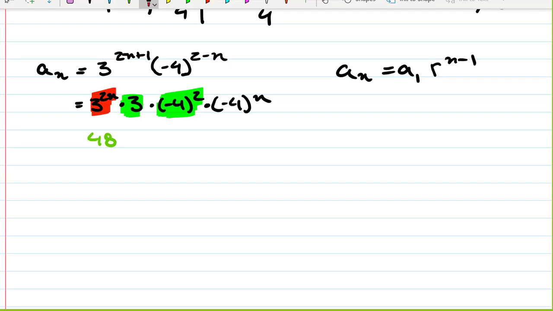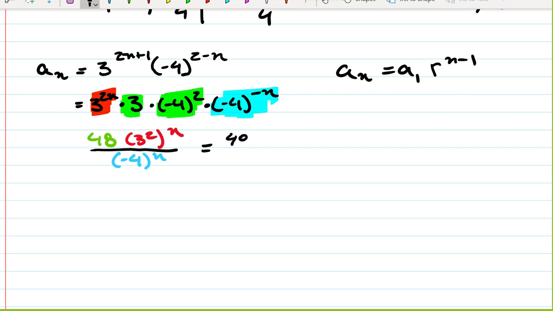I could write that as 3 squared raised to the n times, and then I'm missing a minus sign there, this to the negative n. And if I move that from the numerator into the denominator because of the negative exponent, it would become negative 4 to the n.